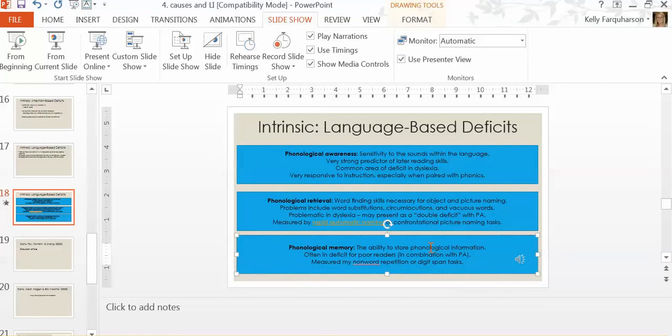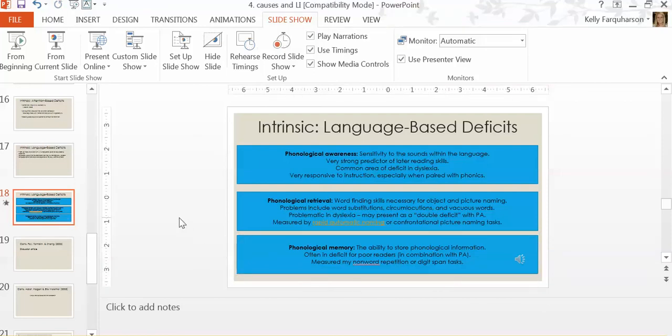And finally, we have phonological memory, which is the ability to store phonological information. This is often a deficit for poor readers in combination with a deficit in phonological awareness. And this is often measured by a non-word repetition task. And so I have a clip here, but I've played it for you guys before. It's the non-word repetition task from my dissertation that I shared with you.